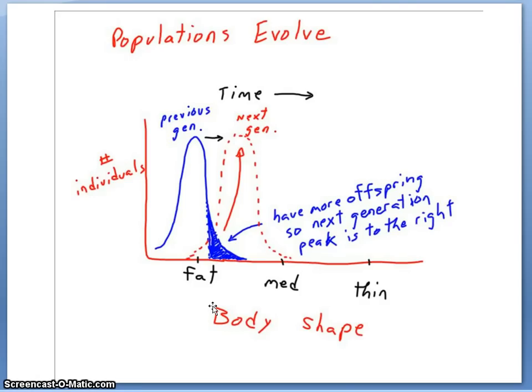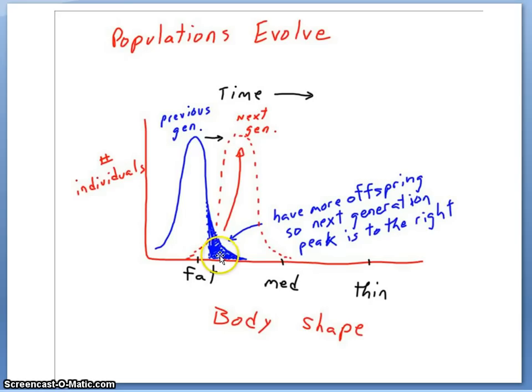The thinnest individuals in each generation will have the advantage, and those individuals are represented by the right part of this curve. So in the ancestral generation, the average individual is fat, but some individuals are thinner than that. These are the thinnest ones in that generation. It's those individuals that have the advantage when there are predators around. And so they will be more likely to survive and have babies.